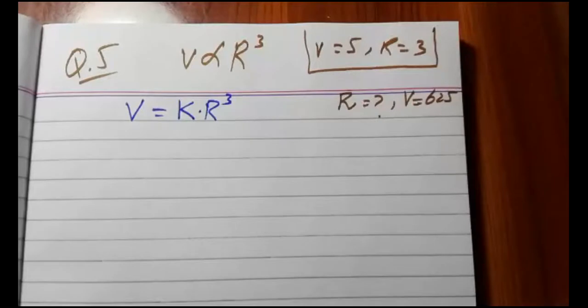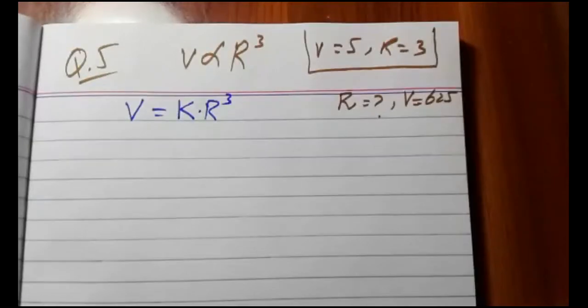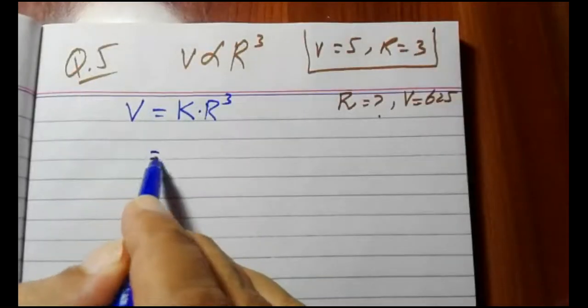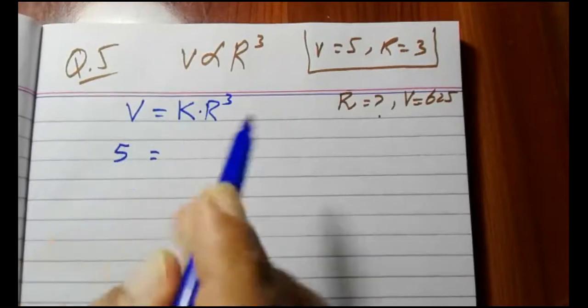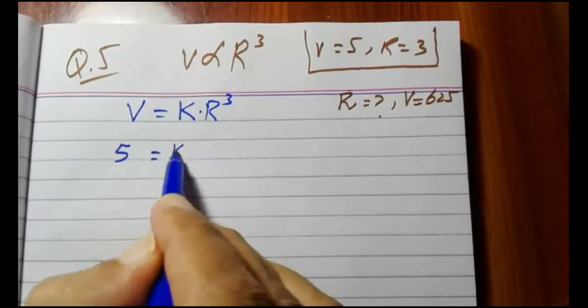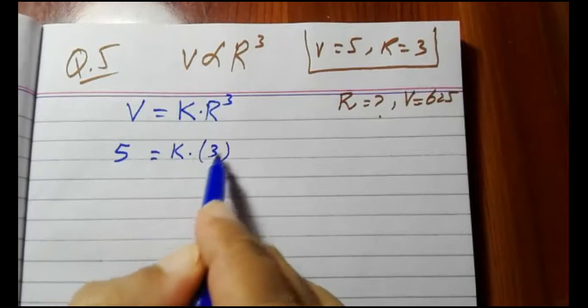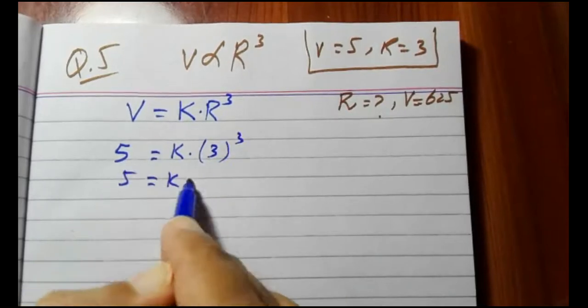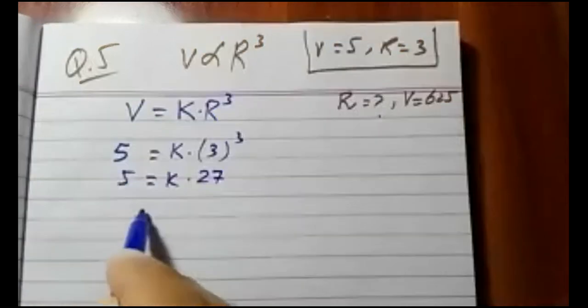Substitute the given pair of values of v and r into this formula to find the value of k. So v is equal to 5 and k will be as it is. r is equal to 3. So you will solve for k. It will become 5 times 27 and k will become 5 by 27.